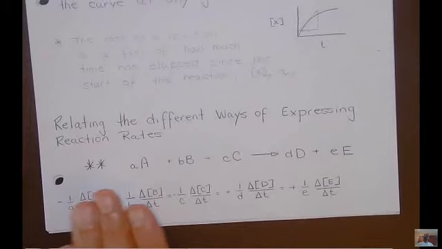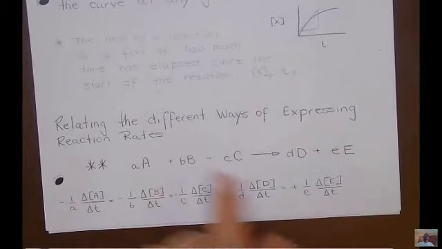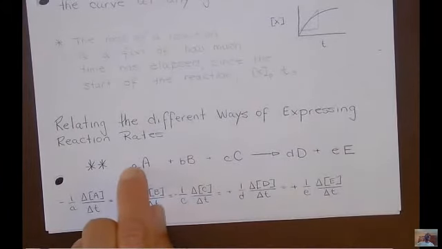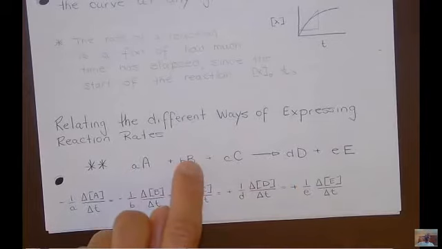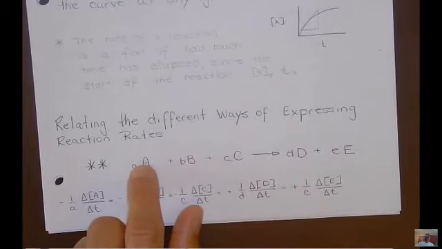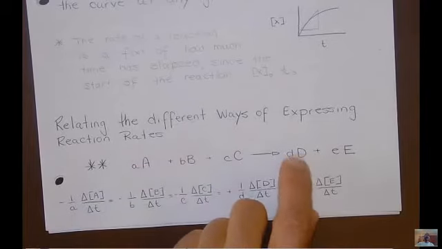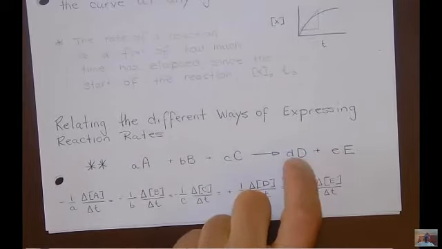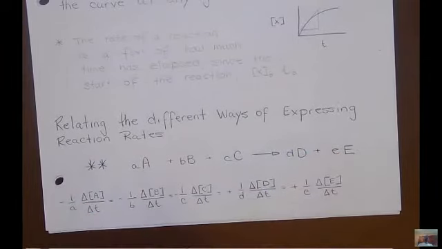This little formula here gives you the relationship between any one reactant and any other reactant, any one reactant and any product, or any 2 products. So you're basically going to relate the thing that you were able to measure to the one that you're interested in.